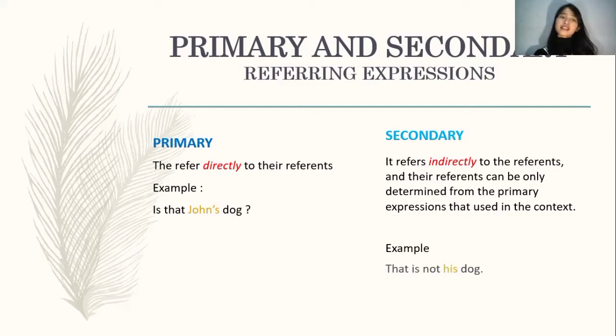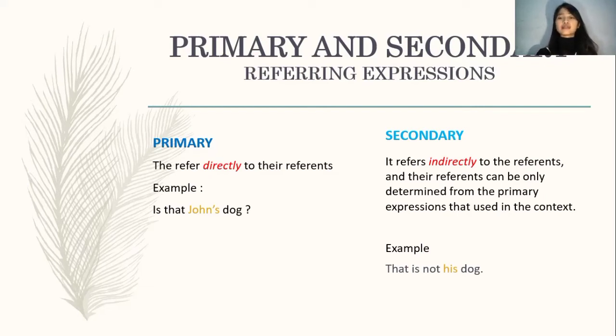So in this example, the first and the second sentences are related. For the secondary example: "that is not his dog." The word "his" refers to John, but the way the writer refers is indirectly to the referent.